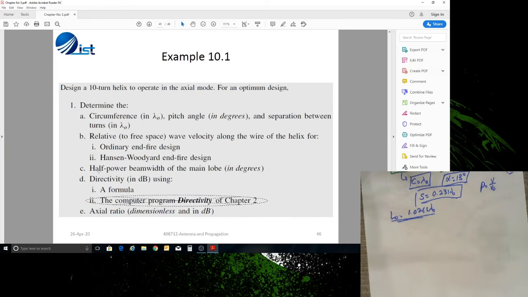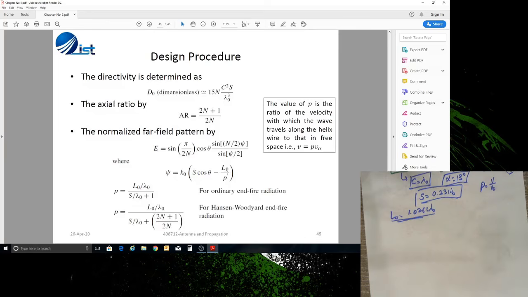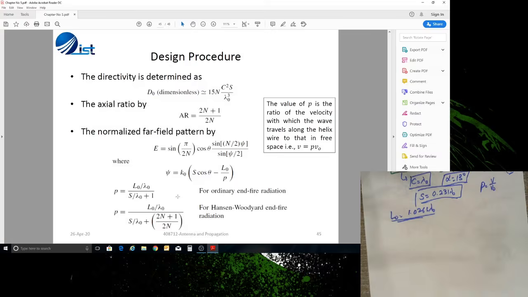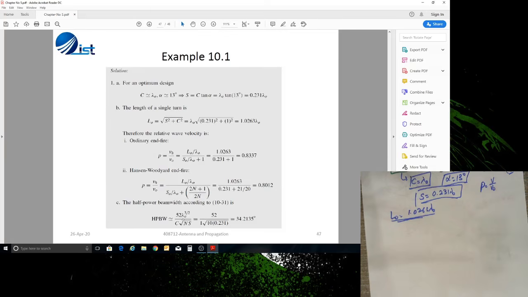Okay. Part C में you have to find the half power beam width of the main lobe in degrees. तो अगर हम डिजाइन प्रोसीजर में जाए तो half power beam width in degrees is this particular expression. So you just need to apply this expression directly. So we already know n is 10. S we already know is 0.231 λ. C is equal to λ₀. Just substitute all the values here.